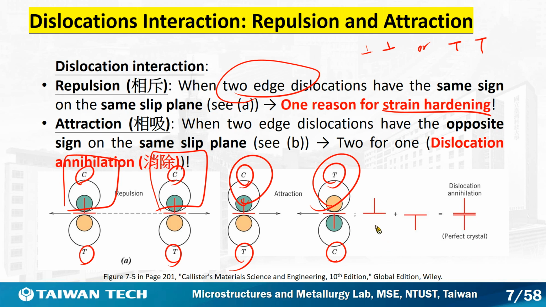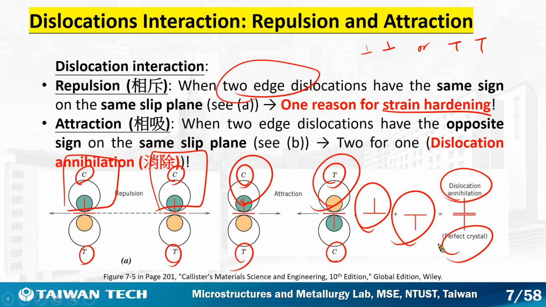So that's positive edge and negative edge, they will combine together. Eventually, we will experience dislocation annihilations. In other words, dislocations will disappear after they meet each other. So it will form perfect crystals. Okay, and actually this is the concept for recovery.